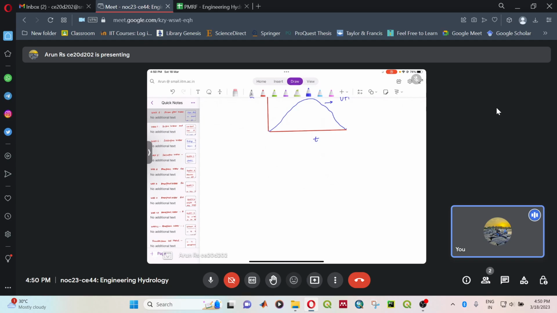So this is nothing but runoff depth is equal to volume under DRH divided by the area of catchment. This runoff depth is equal to 1 centimeter.